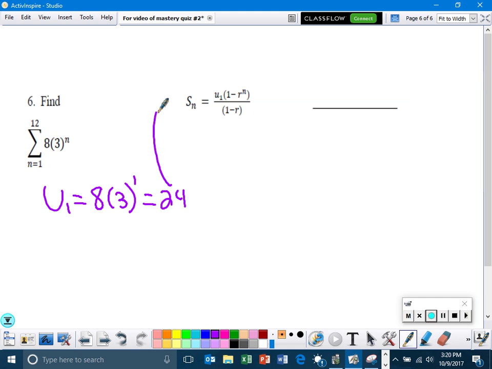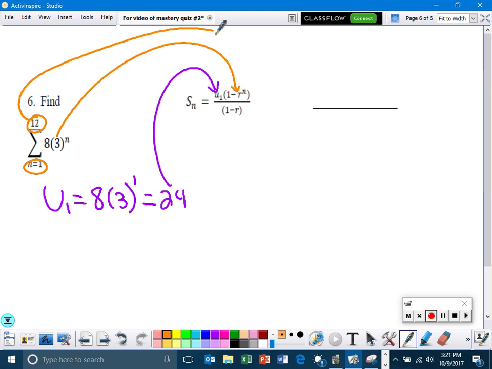So that is the first number in the sequence. The rate, the R, that's the number that's inside the parentheses. Okay, the R is what we're multiplying by. And the n is the how many. So again, we're going from 1 to 12. So that means there are 12 numbers in this sequence. That's all we need.